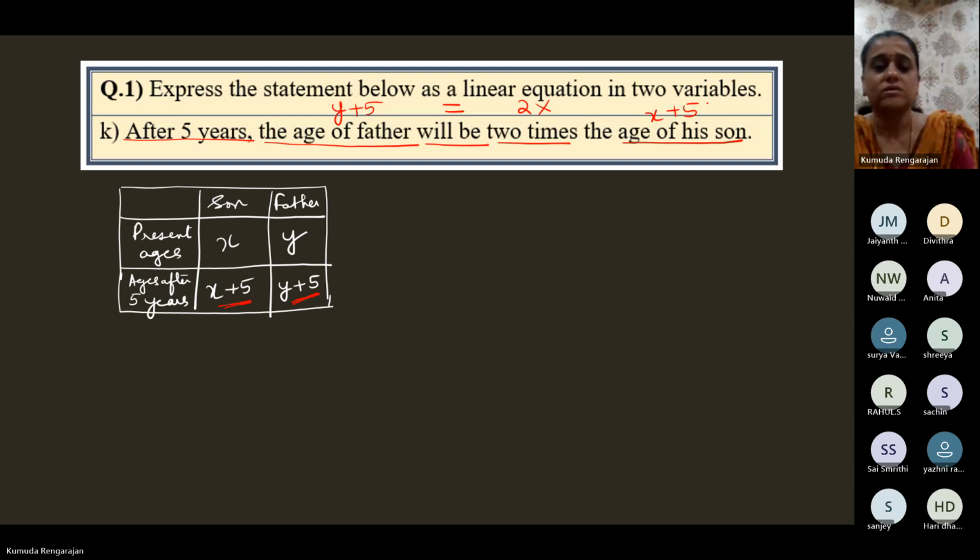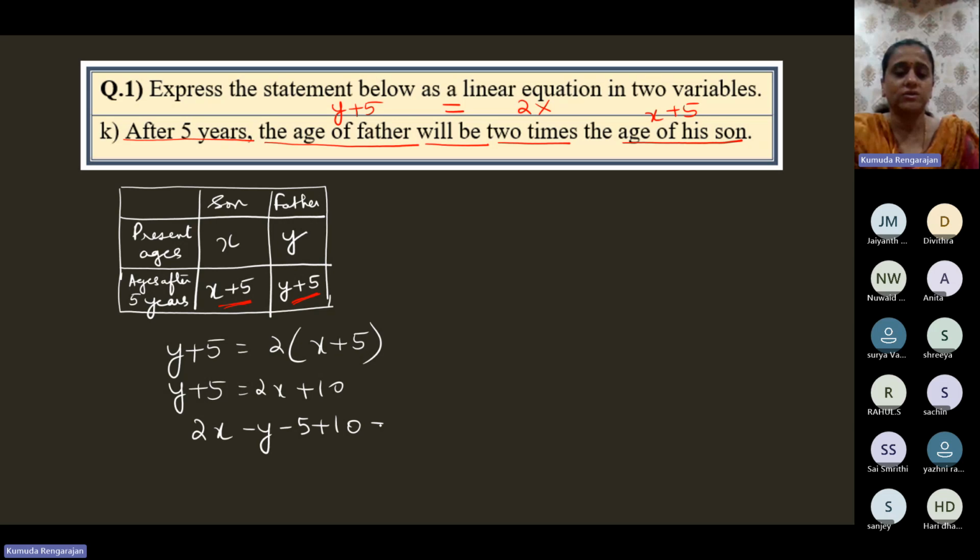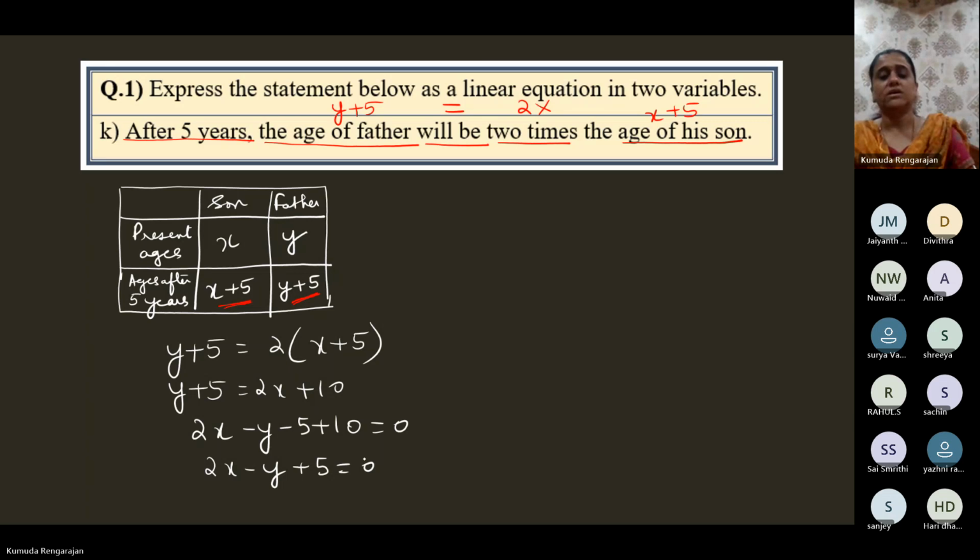So the required equation is Y plus 5 is equal to 2 into X plus 5. So Y plus 5 is equal to 2X plus 10. Bring everything on one side. 2X minus Y minus 5 plus 10 is equal to 0, or 2X minus Y plus 5 is equal to 0 is the required equation.